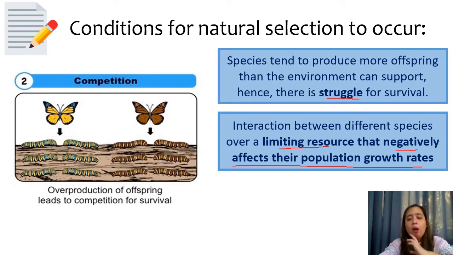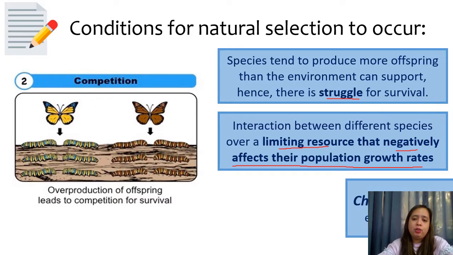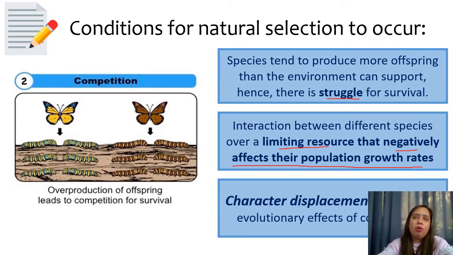So here, competition also affects natural selection. We have what you call character displacement. This is an evolutionary effect of competition.